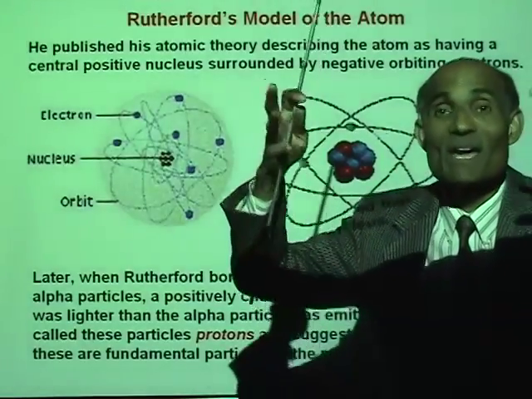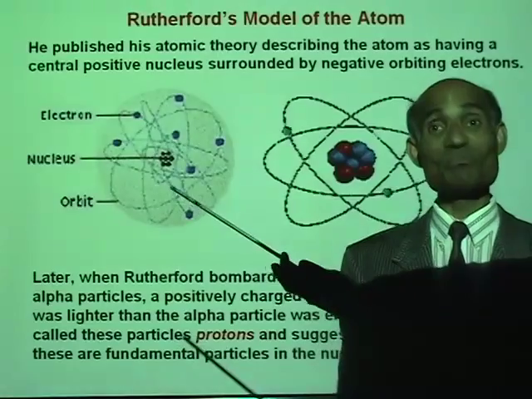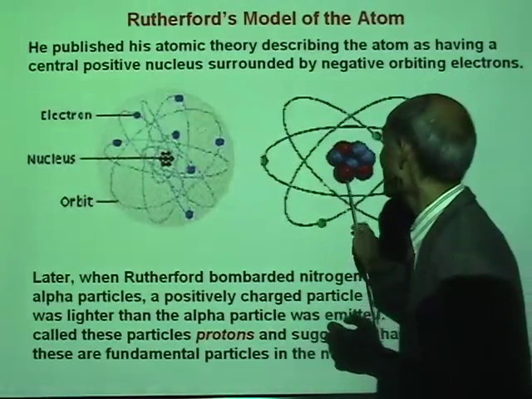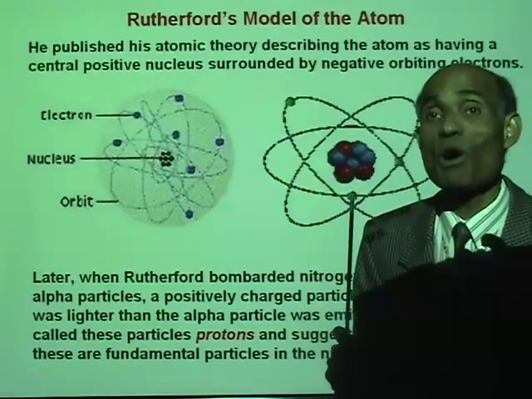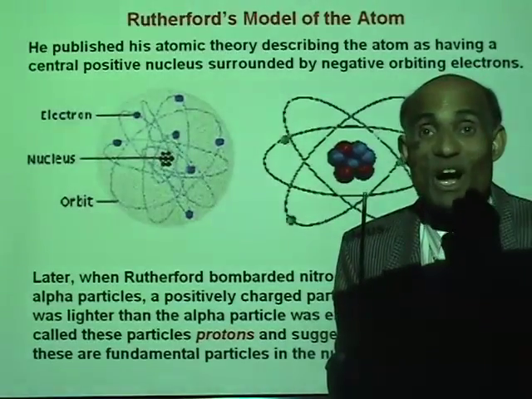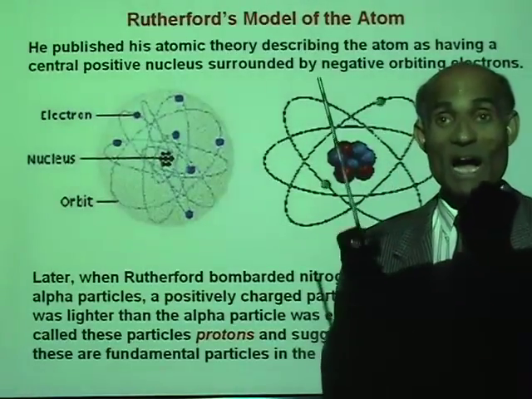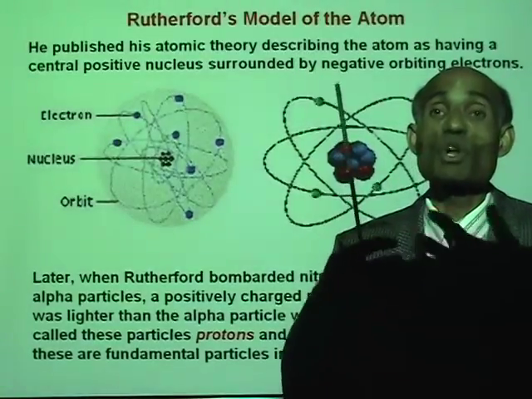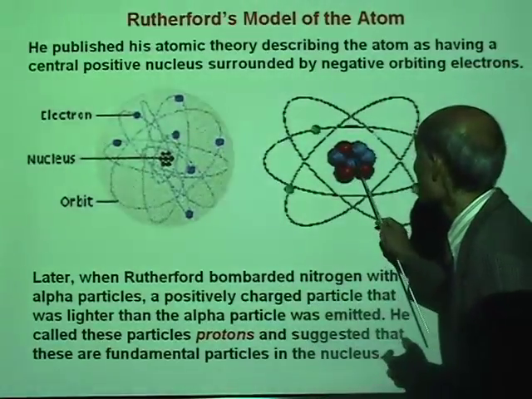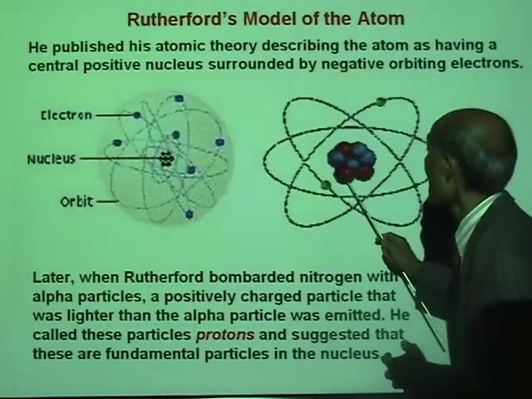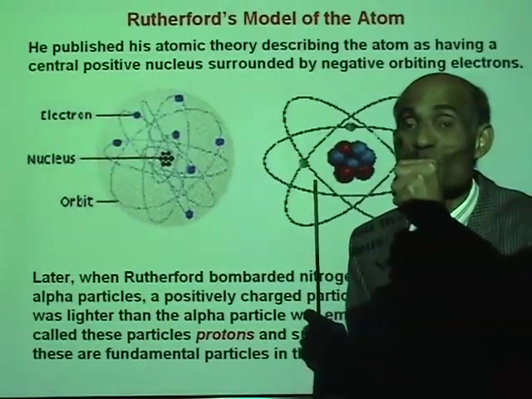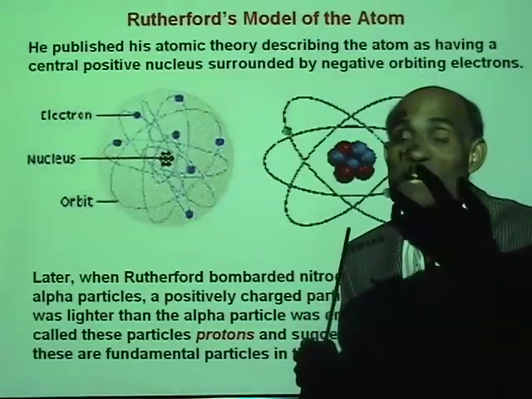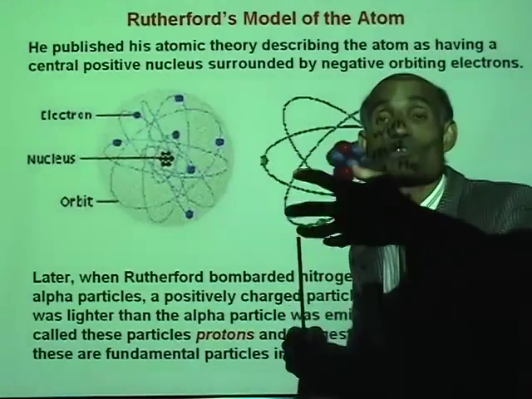So look at the way the picture of the atom now emerges. The nucleus of the atom is now understood to be made up of positively charged protons and electrically neutral neutrons. So you've got protons and neutrons. So the mass of the nucleus is made up of the mass of protons and neutrons.